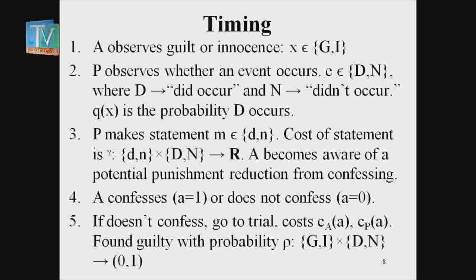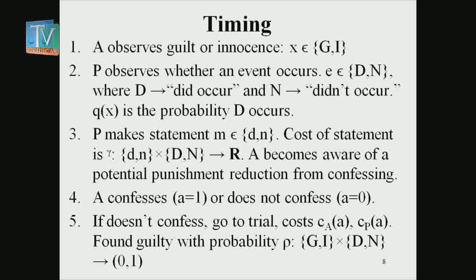So the accused knows whether he's guilty or innocent, right? So this person knows whether he's committed the crime or not. So I'm just using G and I, guilty or innocent. The police officer is going to observe some event, right? So this could be, say, a witness saying, I saw this person.